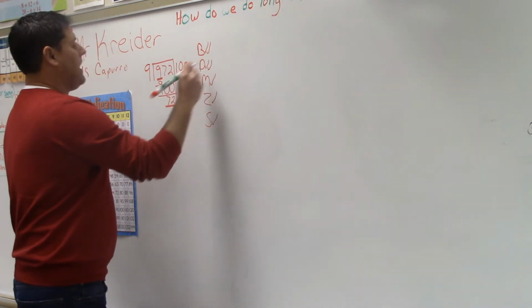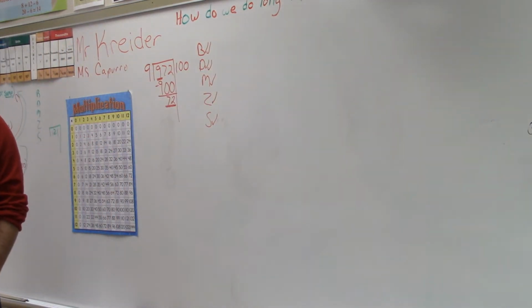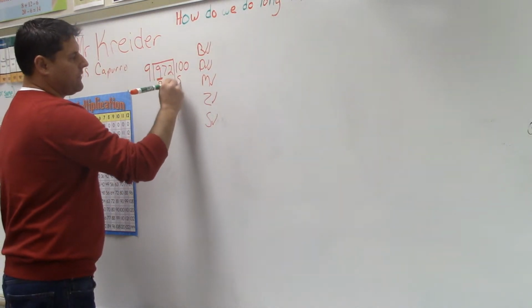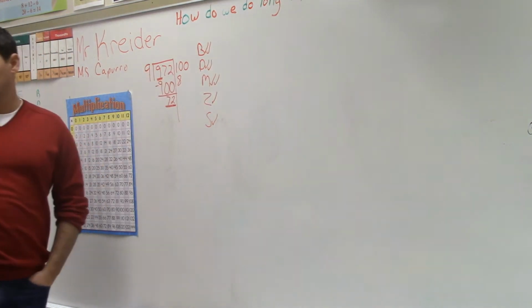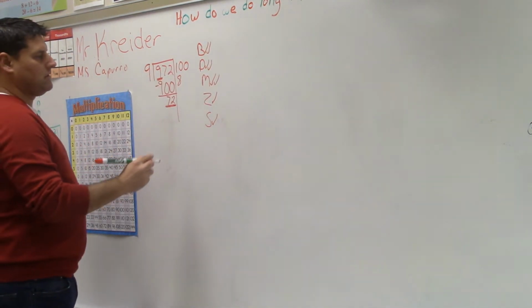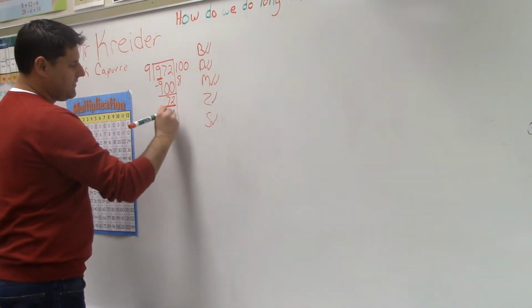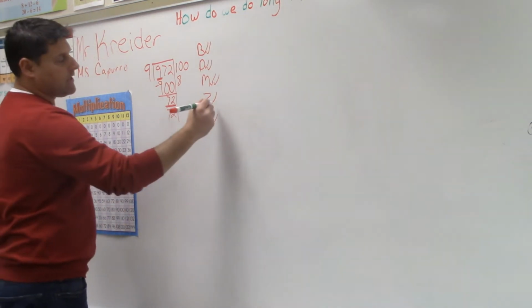Now, we divide 9 into 72. 8. Okay, we will use 8. So we're going to put 8 over here. Now we're going to multiply 9 times 8. Wait, 9 times 8 is 72. Okay, there's no zeros to add, so we can check that off.